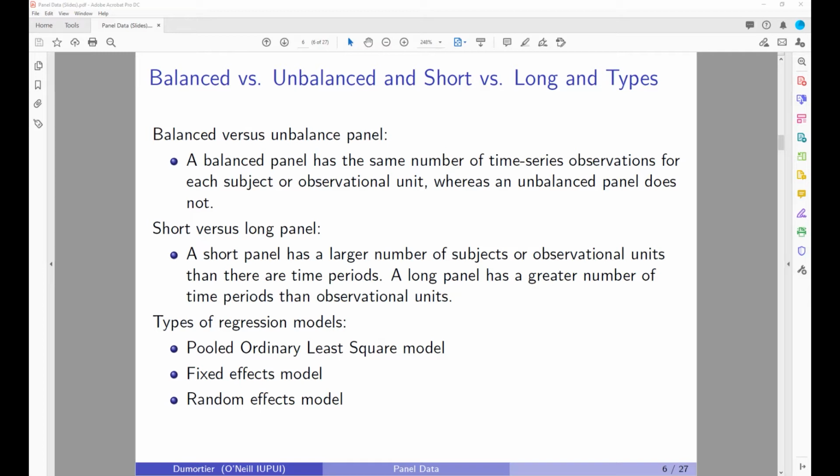Now, let me give you an additional example about the pooled ordinary least square model. Remember that before I was talking about students in my economics class over multiple semesters. And suppose that I want to know how they perform in my class based on their concentration.